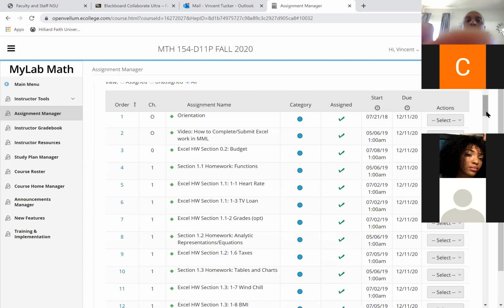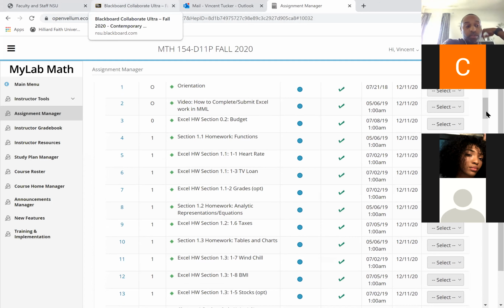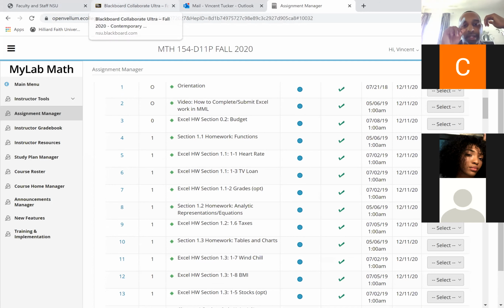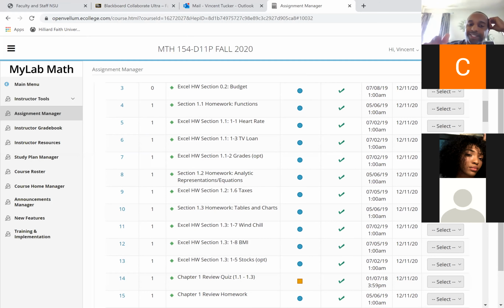So also, hold on, let me see something real quick. So also, don't forget the way we're doing the Excel assignments, not the homeworks. You see we got 1.1 right here, and then you got 1.2 right here. But in between that, you have 3 Excel assignments. Remember, you're only held responsible for 1 Excel assignment between each section.